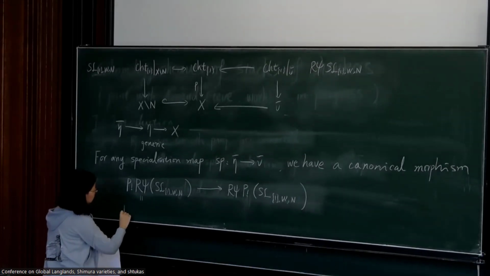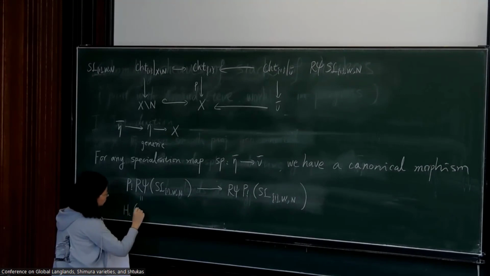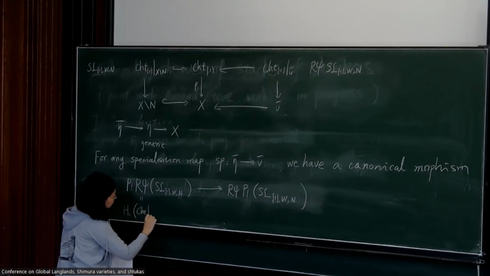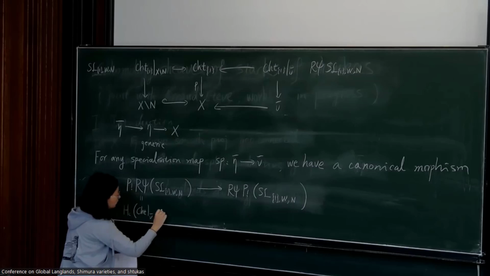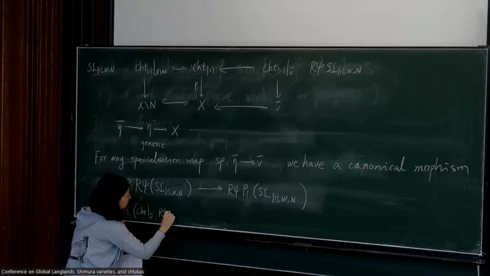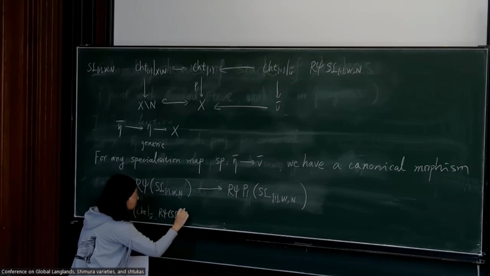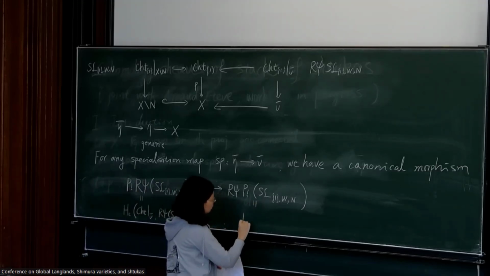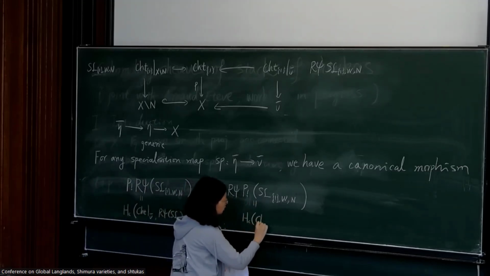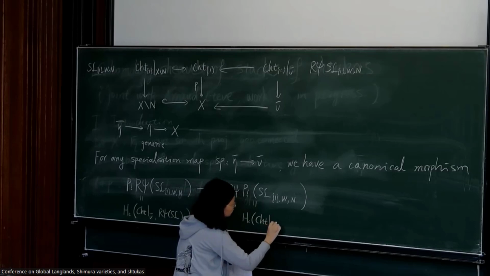This is just the cohomology with compact support of the special fiber with value in this. And this is the cohomology with compact support of the generic fiber.